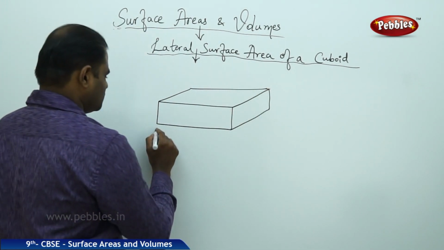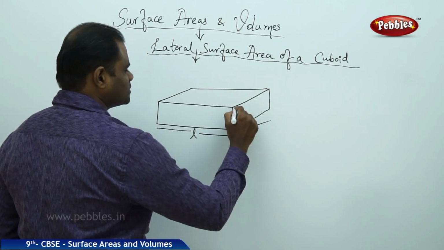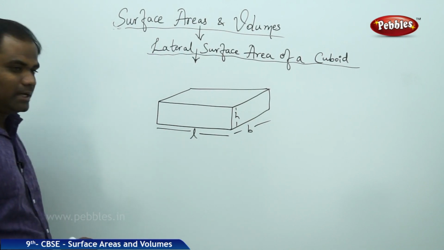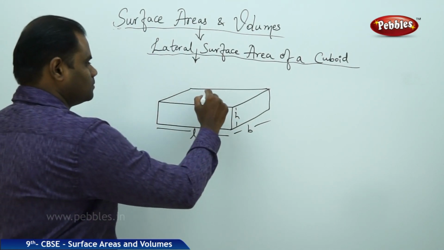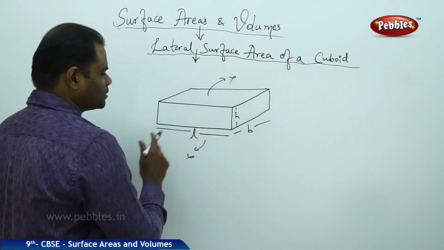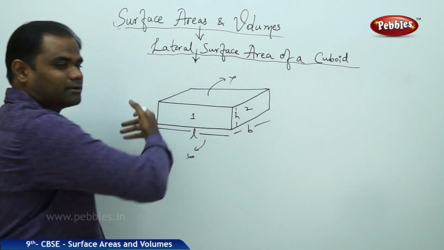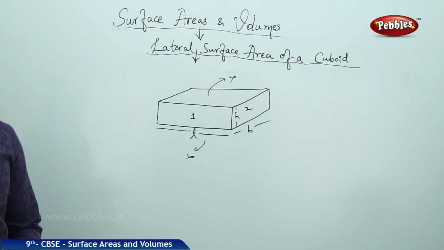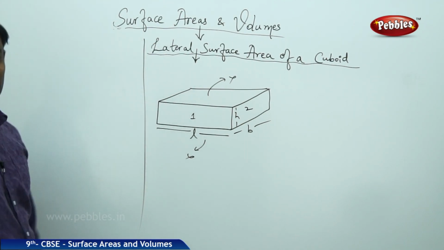Now here, this is the length, this is the width and this is the height. Now as I include only the 4 faces but not the top and bottom, only face 1, face 2, face 3 and face 4 are included. Let's see how we can find the lateral surface area of the cuboid.